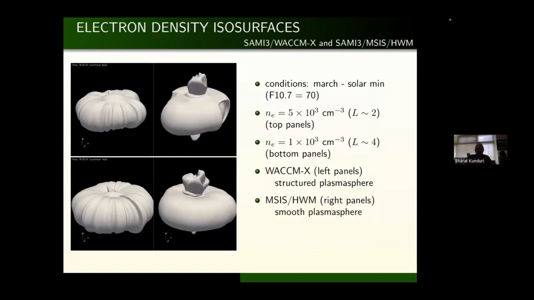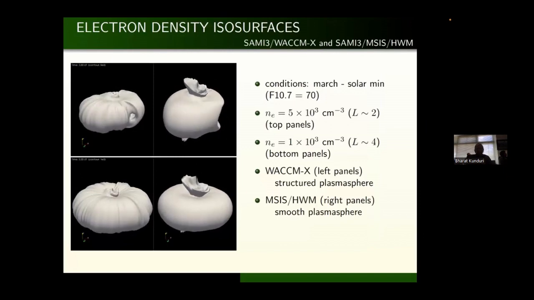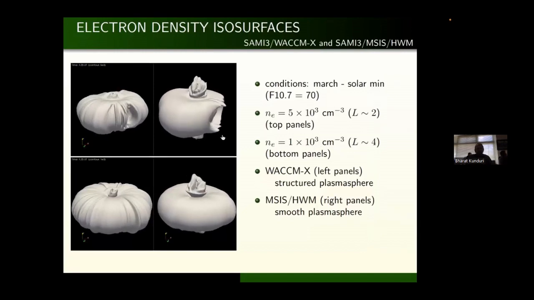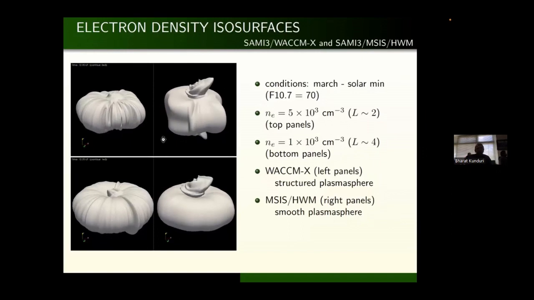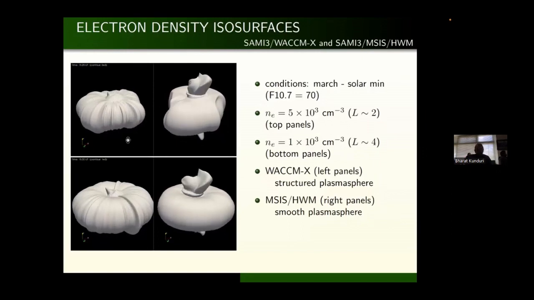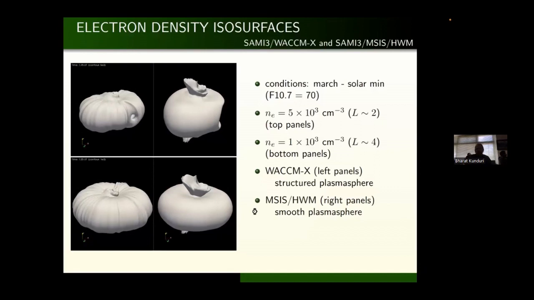This is the same set of simulations, except now we're looking at isosurfaces of the electron density at 5 times 10 to the 3 and at 1 times 10 to the 3. On the left panels is SAMI3 WACCM-X, and the right panels is SAMI3 with not high-top WACCM, but MSIS and HWM.